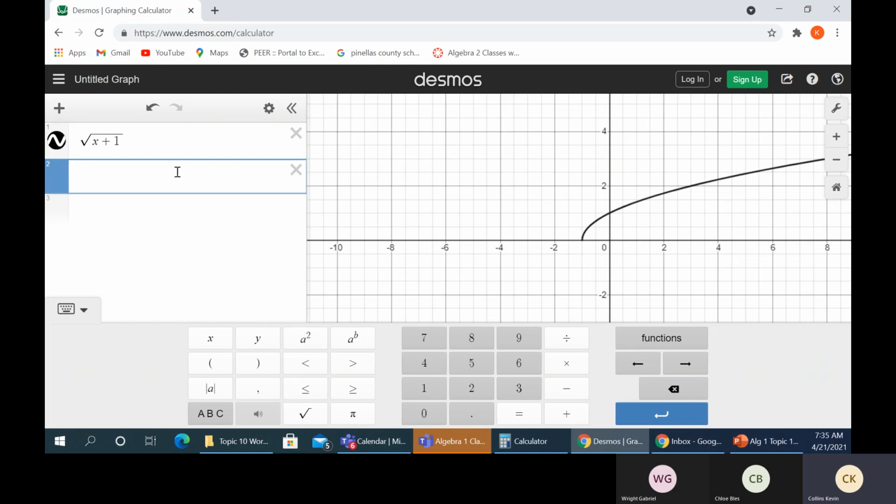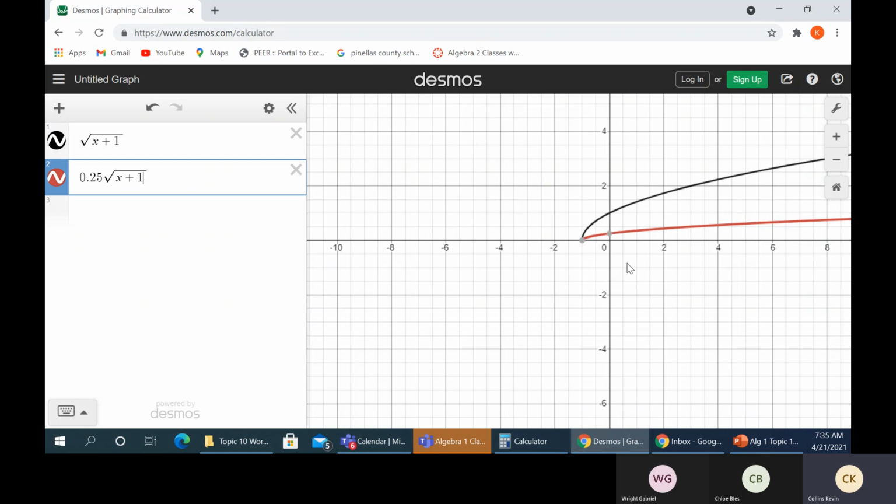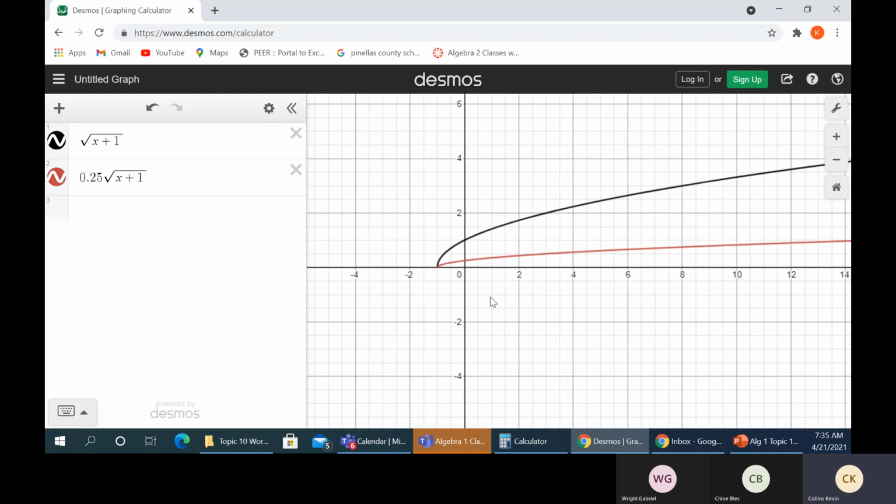Okay, so then the same thing we got here, we're going to have 0.2, that's a comma, hang on. Right, and then we'll go square root of x plus 1, that's 2. Still a 2. Okay, so you can see now that our graph got pushed down, right?